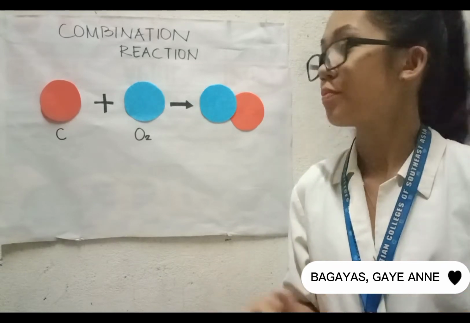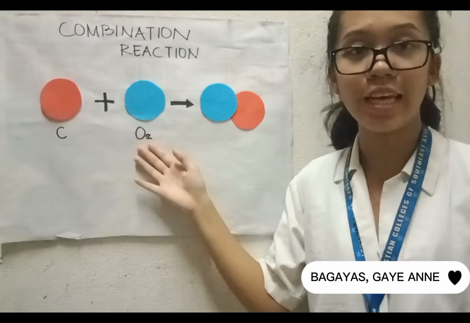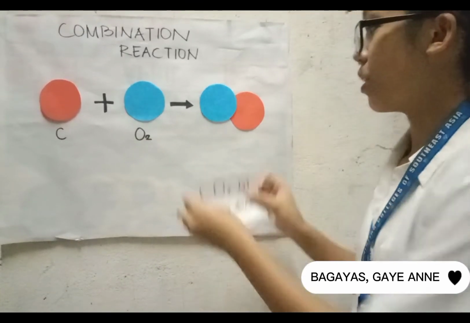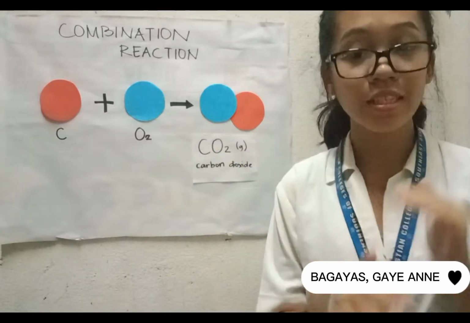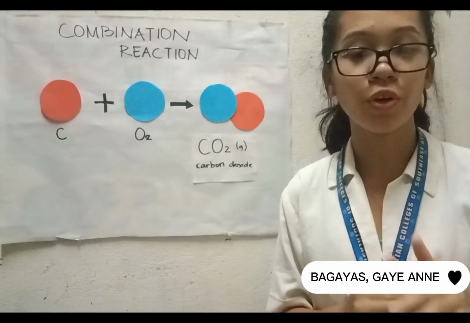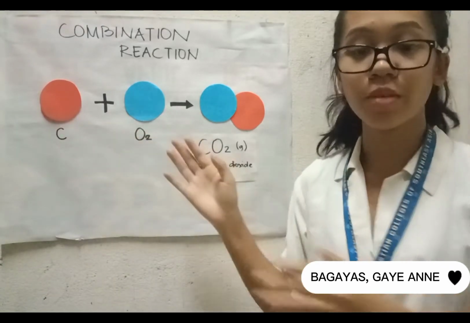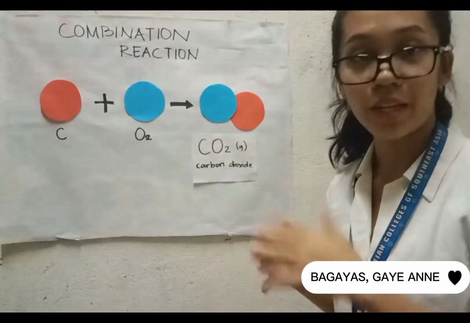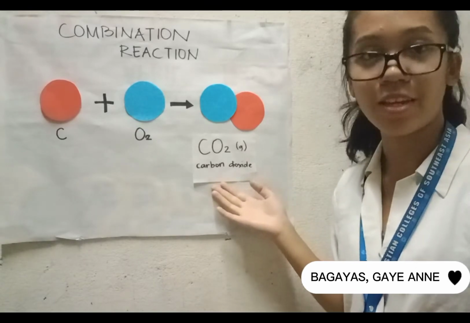For example, carbon plus oxygen gas turns into a compound called carbon dioxide. A synthesis reaction is one where we start with simpler materials and put them together to make a sample of something complex. So there is the carbon dioxide.